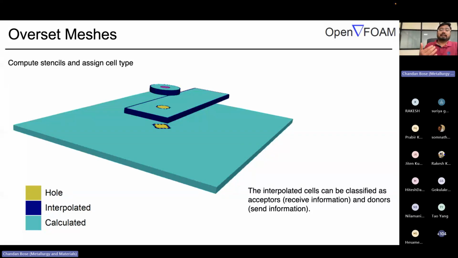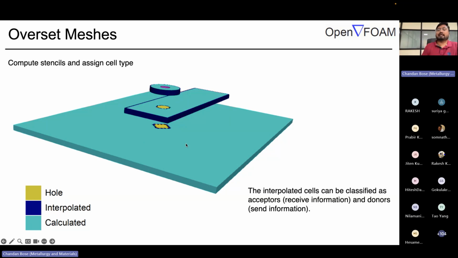The next is interpolated, at the overset surfaces or overset patches, as you can see, where interpolation happens. And this cyan color region is the calculated region, where we directly calculate or solve the governing equation.